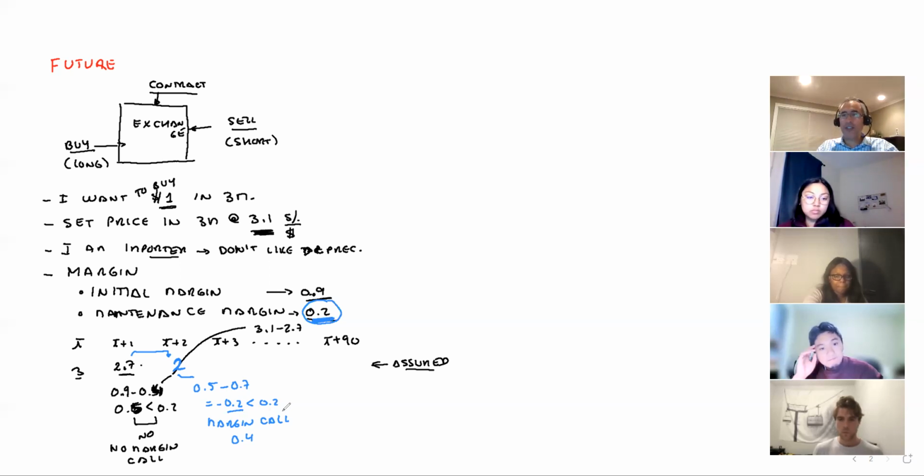So this implies that the guy who has already bought the future needs to put 0.4 more to the exchange as a guarantee that he will not escape. As a protection, just in case this guy disappears. Because remember, this is a contract.